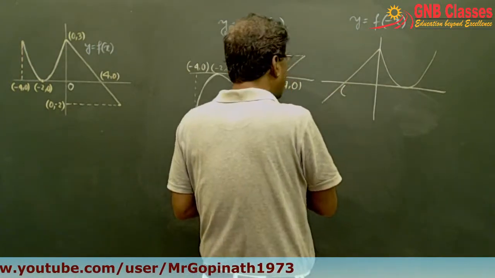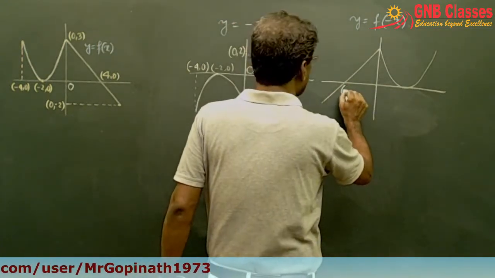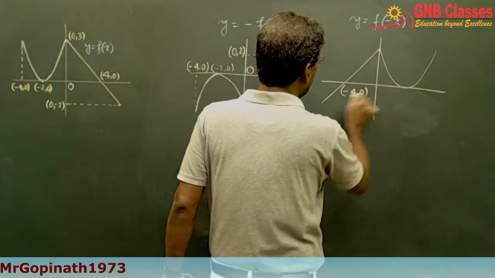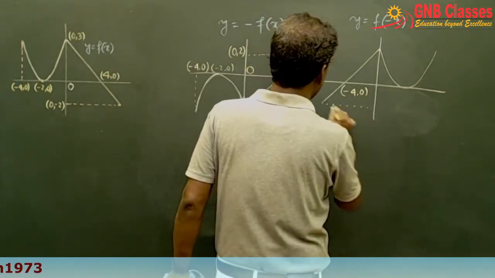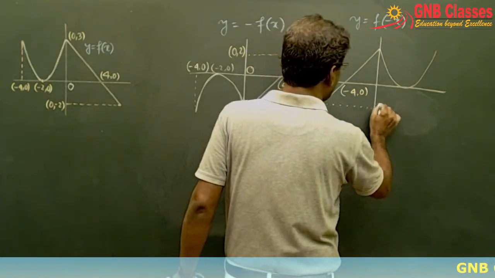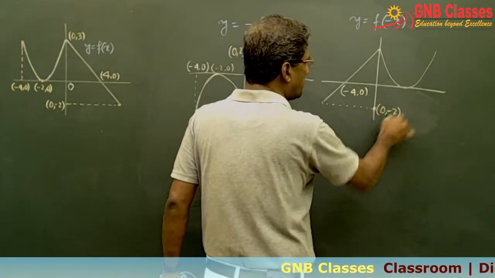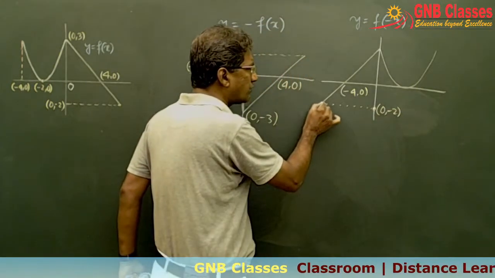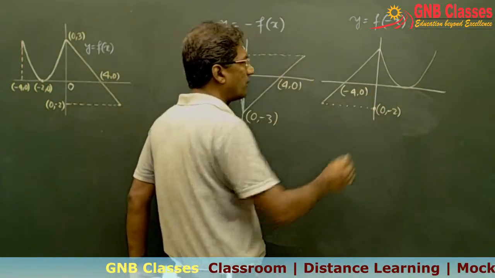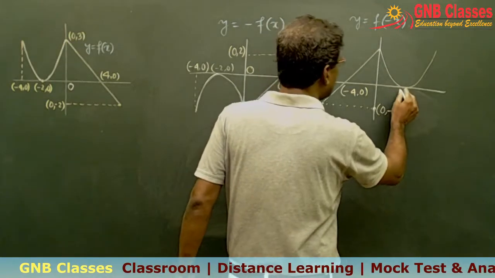This point will be minus 4, 0. The ordinate of this point will be 0, minus 2. This point will be 2, 0.